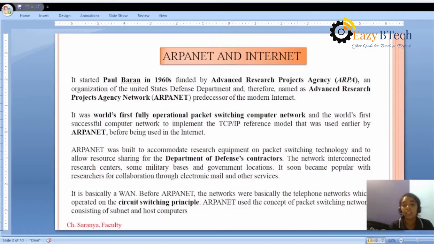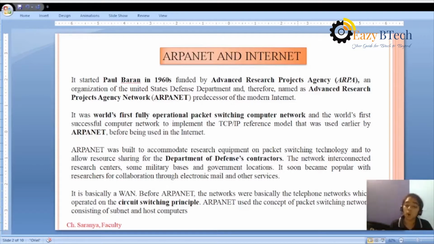ARPANET was built to accommodate research equipment on packet switching technology and to allow resource sharing for Department of Defense contractors. Mainly, ARPANET was introduced for research equipment. Within that, it provides packet switching technology to allow resource sharing for Department of Defense contractors.